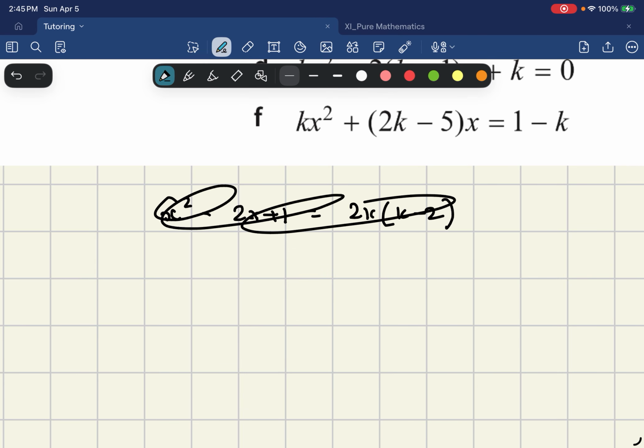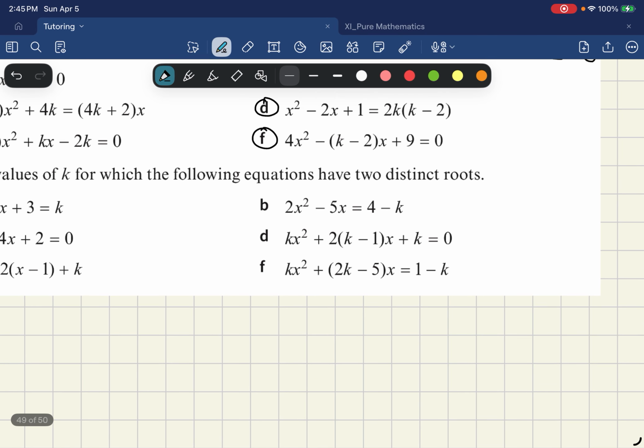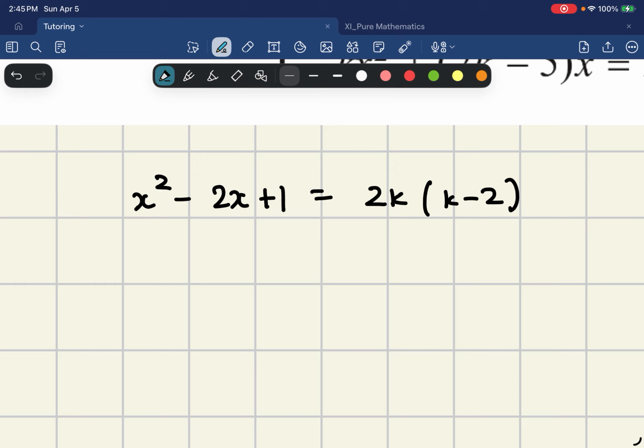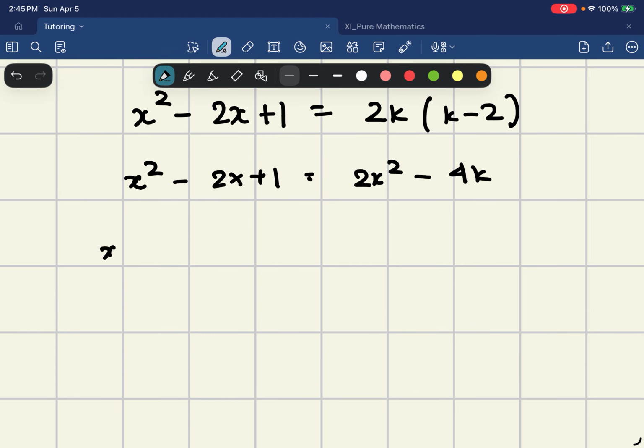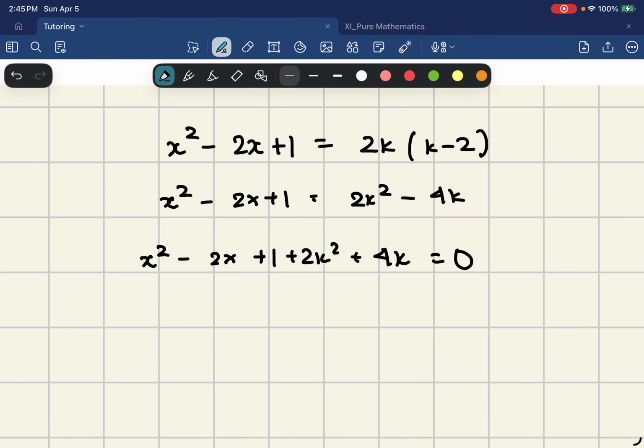So we have x squared minus 2x plus 1 is equal to 2k squared minus 4k. All right. And we want to bring everything to one side, right? So x squared minus 2x plus 1 plus 2k squared plus 4k is equal to 0.